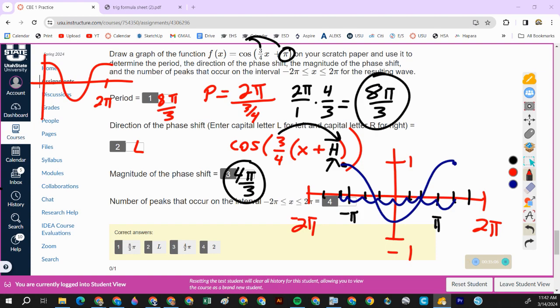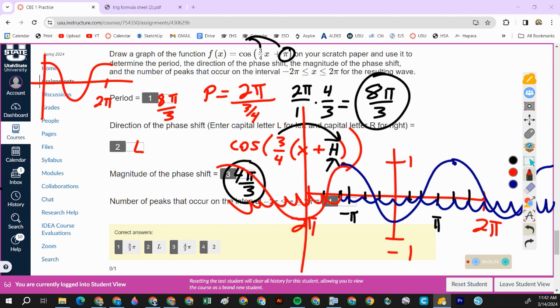I would need to count over 1, 2, 3, 4, 5, 6, 7, 8 before I reached another peak. Not enough room. So how many peaks are there between this line and this line? There are only 2.